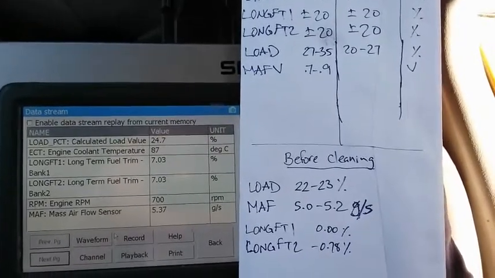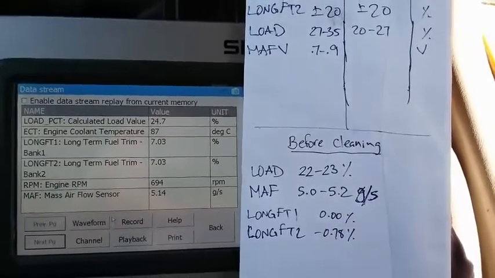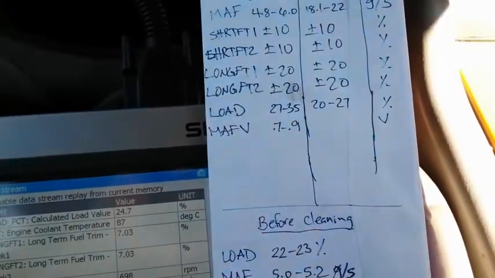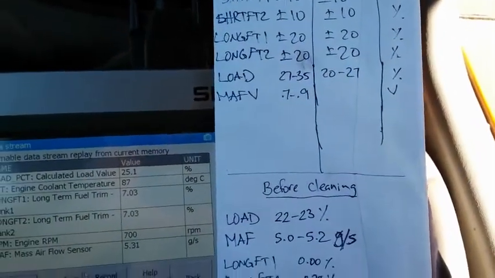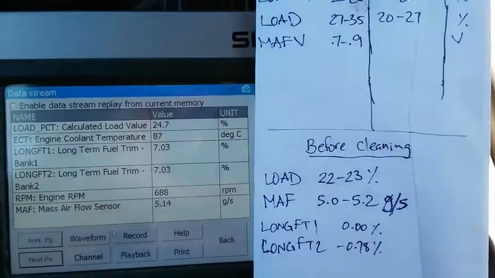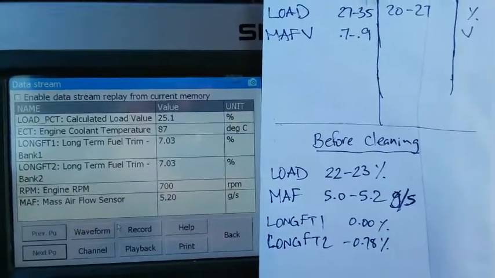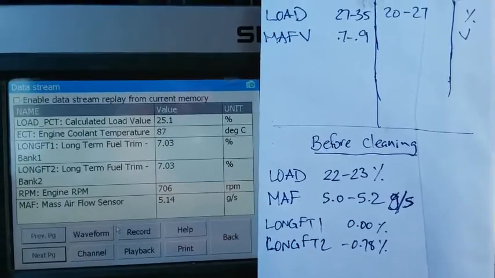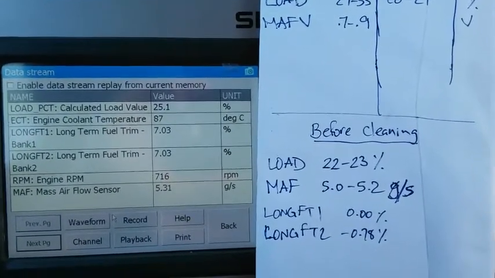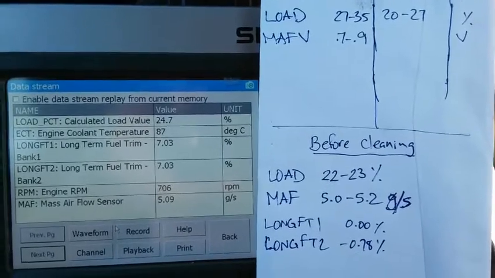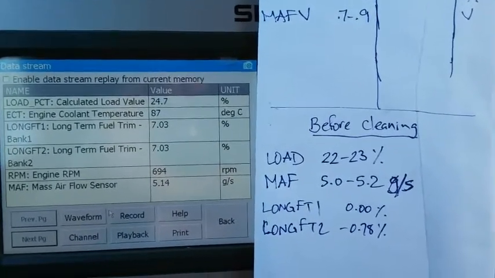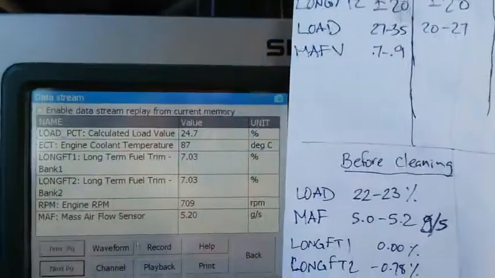So for example, when there's a problem with the mass airflow sensor or a problem with the fuel delivery, if you see long-term fuel trims that tend to increase instead of decreasing at a higher RPM, that gives you an indication that there's a fuel delivery or a mass airflow sensor problem.